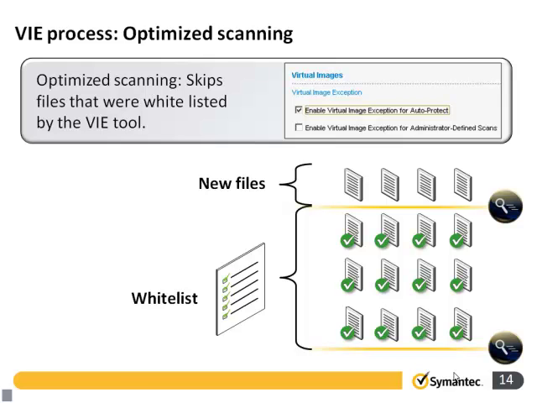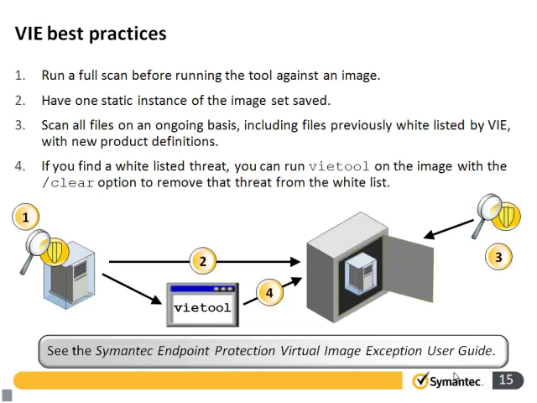We can optimize the scanning. So under this area, we can enable virtual image exception for auto protect and also enable virtual image exception for administrator-defined scans. Some best practices for VIE. Run that full scan before running the tool to ensure that we have scanned everything first.